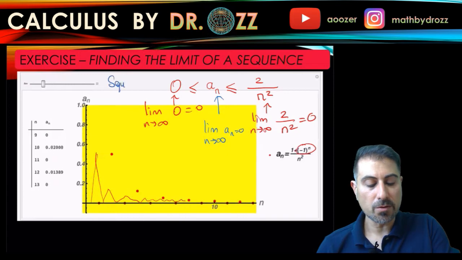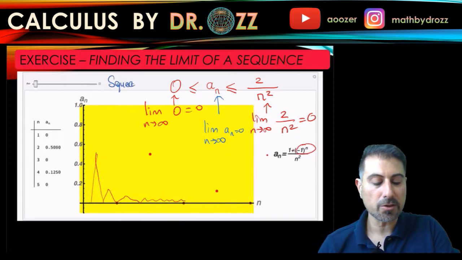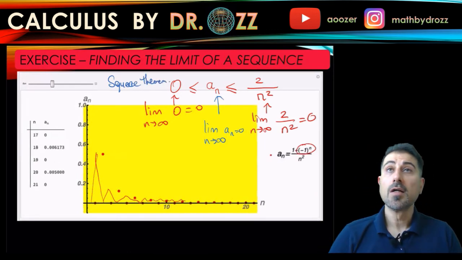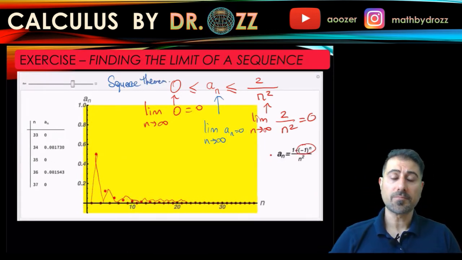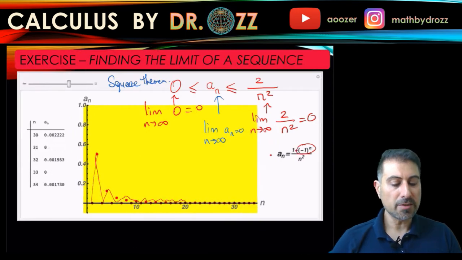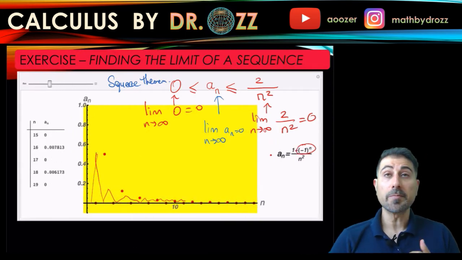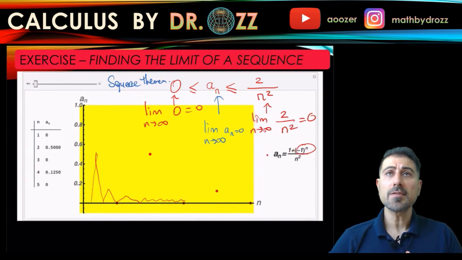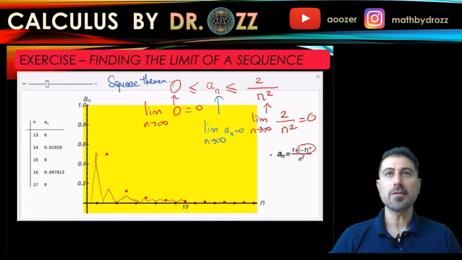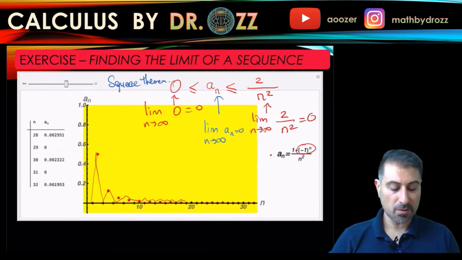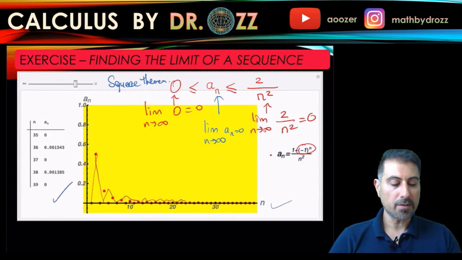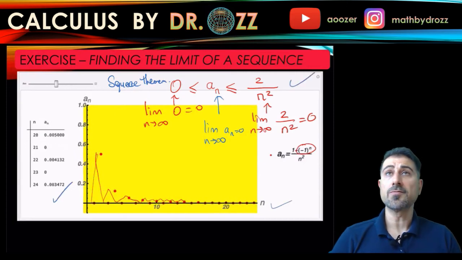So if you don't remember that, please check my lecture notes on the squeeze theorem. Essentially the values of the sequence are bounded by 0 from below and 2 over n squared from above. By passing the limits, the outer limits take us all the way to 0, so the inner limit has to be 0. This is the graphical and table proof of that, and this is the analytic proof of this result.